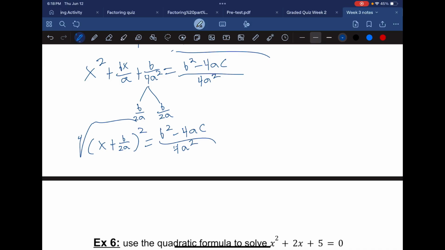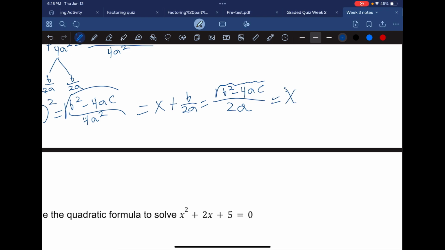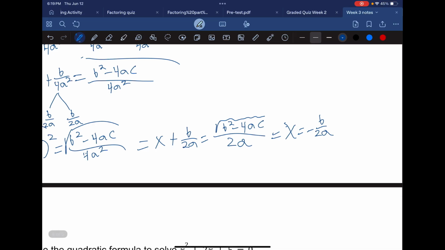And then you're going to take the square root of both sides, and that leaves us with x plus b over 2a is equal to the square root of b squared minus 4ac over 2a, and then you just move that across, so x is equal to negative b over 2a, and then just because of the square root, you keep the plus or minus the square root of b squared minus 4ac, and it's all over 2a.